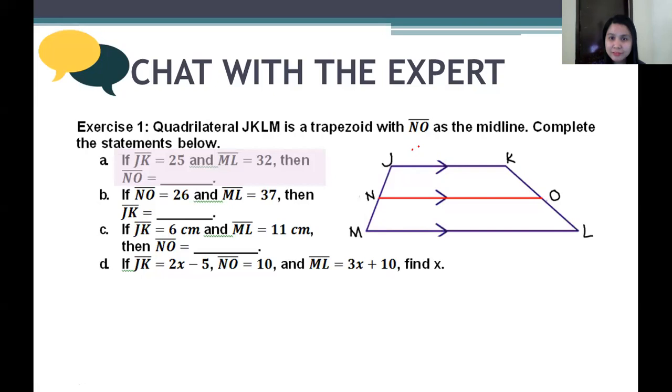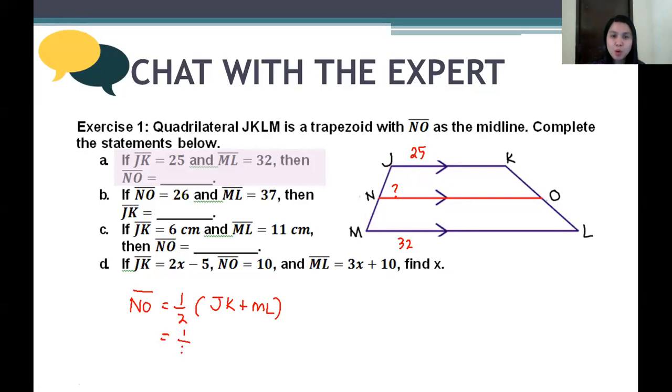JK is 25. ML is 32. So what's the measure of NO? Remember, NO is the midline. So NO is 1/2 of JK and ML. I have the answer, 28.5.